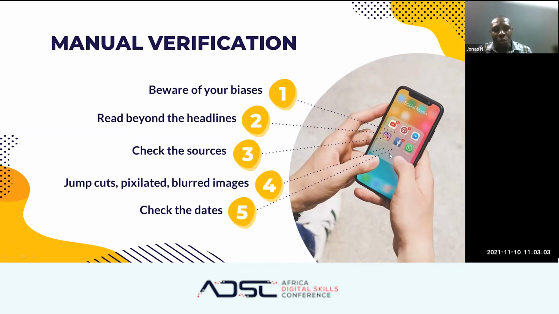And number 3 is to make sure you are checking the right source. I also talked about people who are able to clone people's names, or rely on people's credibility to put out false information. Also check the source.